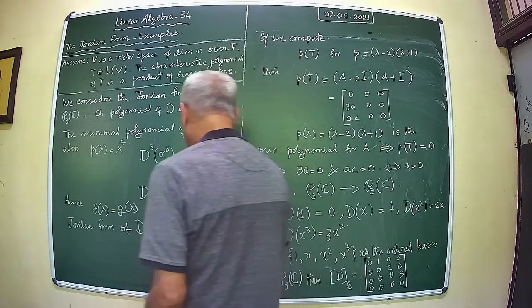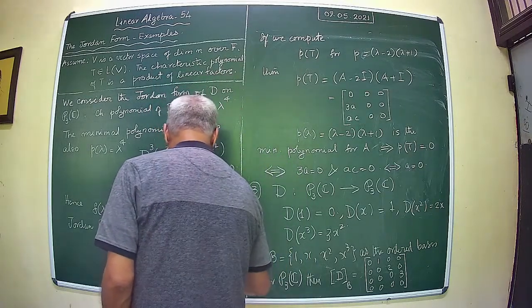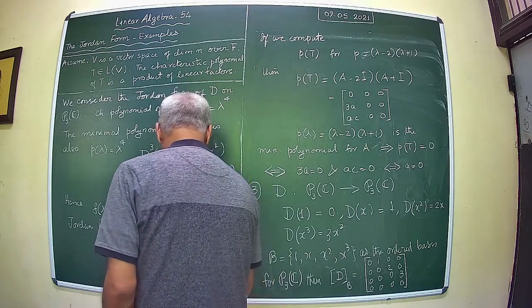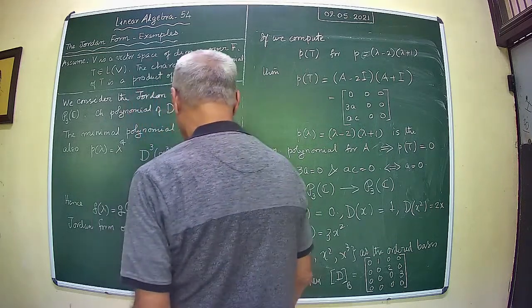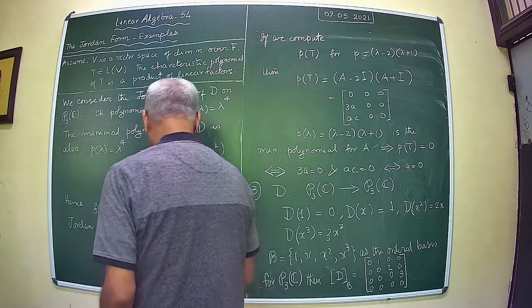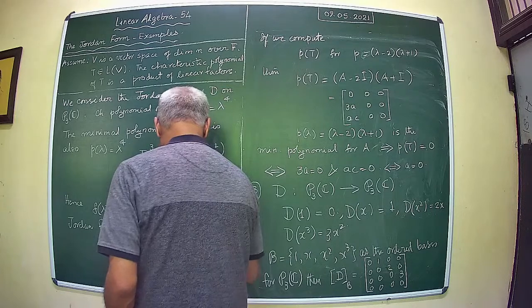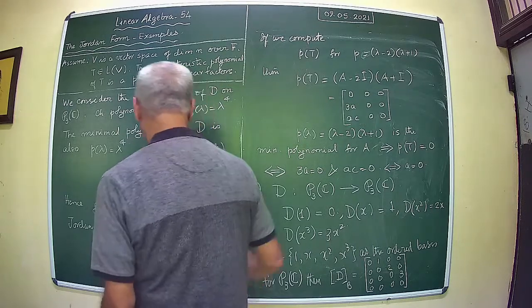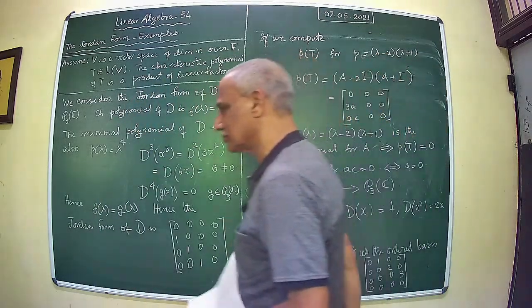Because all the eigenvalues are 0, and then you have got off diagonal entries. This is the line. So this is the Jordan form. Okay.